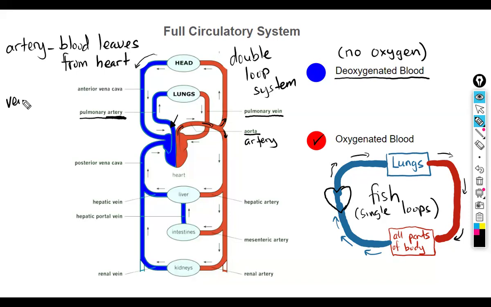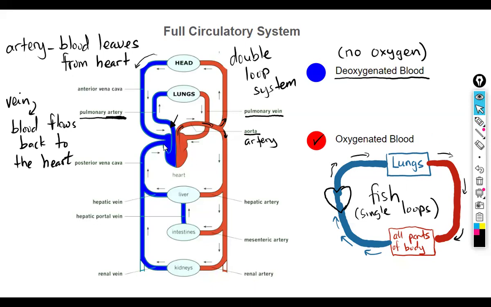And a vein, I'll put it down here: blood flows back to the heart. So anytime you have a vessel and it's returning blood to your heart, it's called a vein. If it's taking away the blood from your heart, it's called an artery.